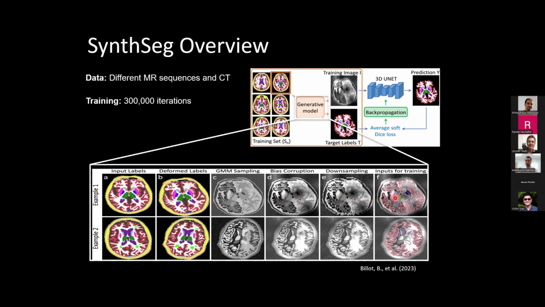Then our inputs for training will be this downsampled image as well as this deformed label, which aligns perfectly with it. SynthSeg proved that if we train a neural network with synthetic data, the model will be able to generalize to out-of-distribution data and to noisy data as well, which is our problem with neonatals.